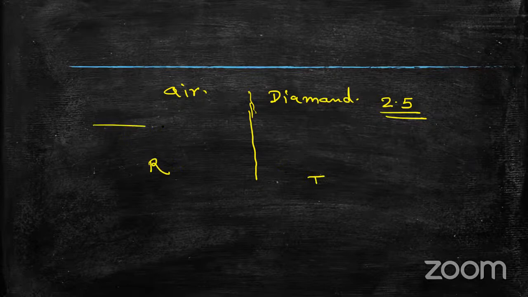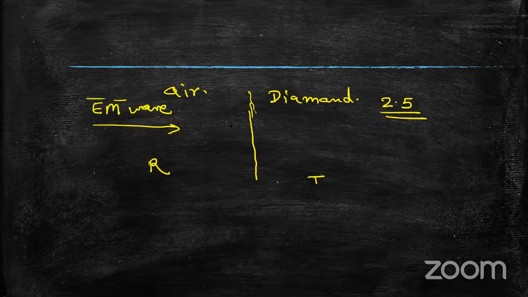If you have an electromagnetic wave coming from the air side, what fraction of the electromagnetic wave gets transmitted and what fraction gets reflected? Now the refractive index is 2.5. It is connected to the velocity.